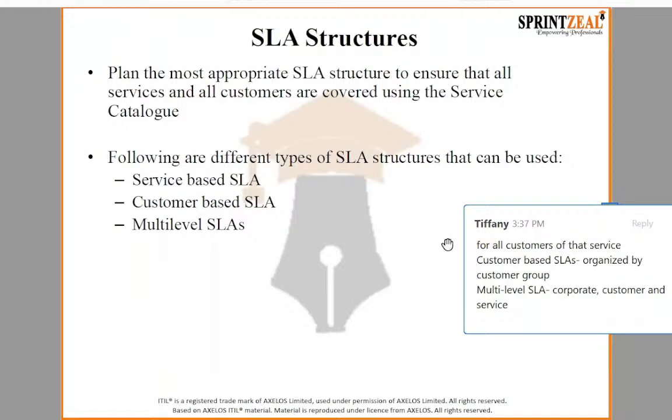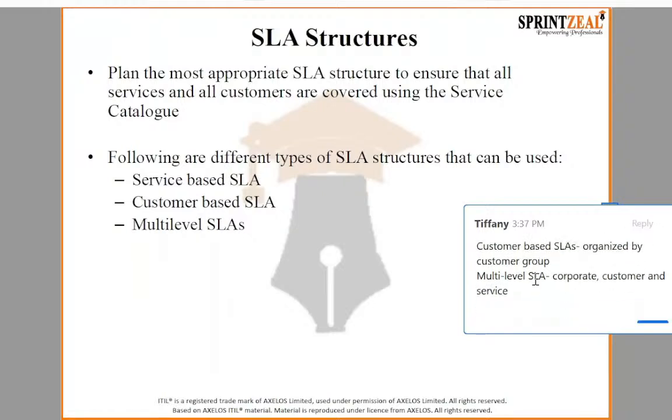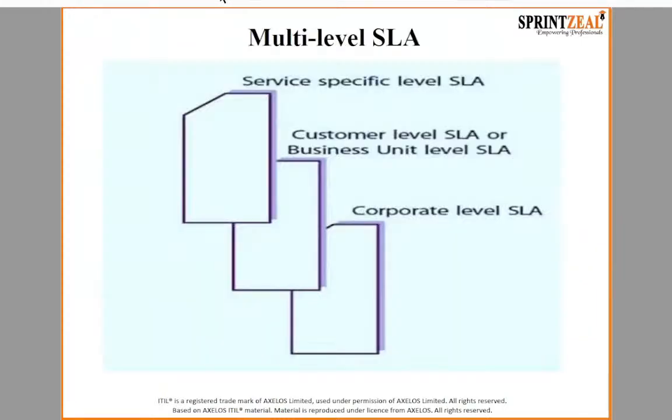So instead of having just service-based or customer-based, multi-level provides an SLA combining all different levels. Is it typically presented as a composite number? Or are there multiple numbers that are broken out? Like, here's our multi-level SLA and there are 4 different subsets.